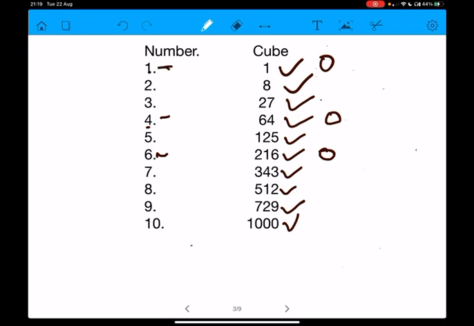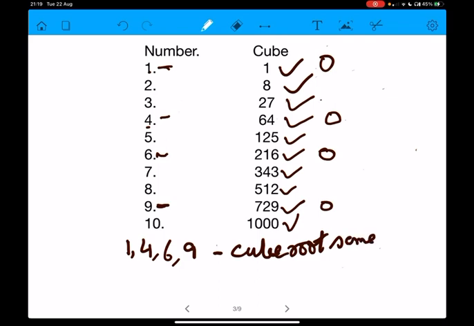And similarly, if the perfect cube ends with 9, then the cube root has to end with 9. So let me repeat: 1, 4, 6, and 9. If the number ends with these, the cube root has the same last digit as the cube.